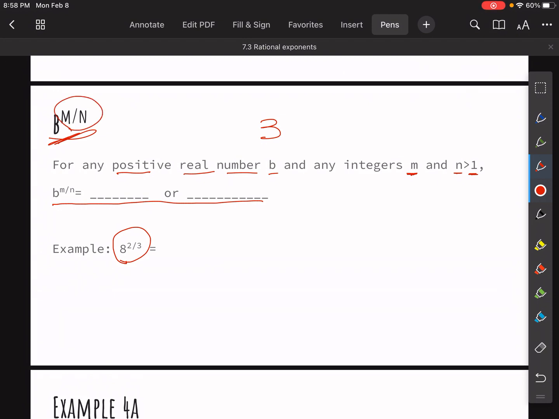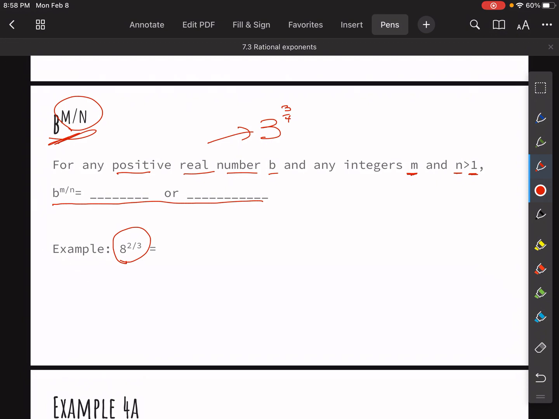So the m and the n relationship is this. So I could say, like 3/4 or something like this. Okay? Then b to the m over n, which I'll show you what this looks like with this 3 in just a second, can be written in two ways.